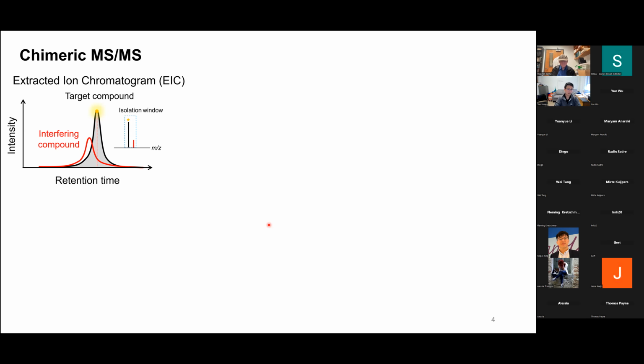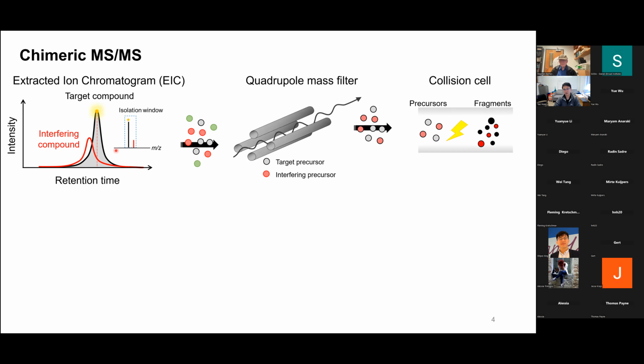This happens when the target compound sometimes co-elutes or elutes very closely with another interfering compound of similar m/z values. When we are triggering the MS/MS event, we usually use a quadrupole mass filter to purify and select the target ion. The problem here is that if the interfering compound has a similar m/z value as the target compound, then they will all get into the collision cell.